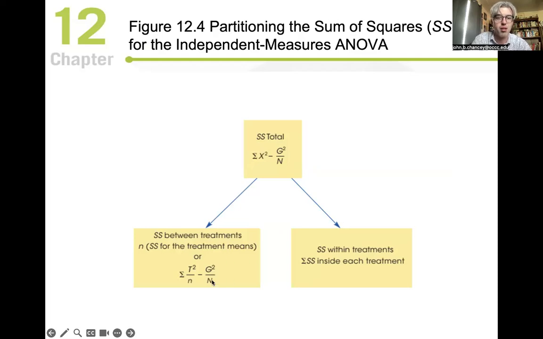So that's going to be the sum of T squared over n, minus G squared over N. Sum of squares within treatments is going to be the sum of all of our sum of squares inside each treatment. So it bifurcates even further.